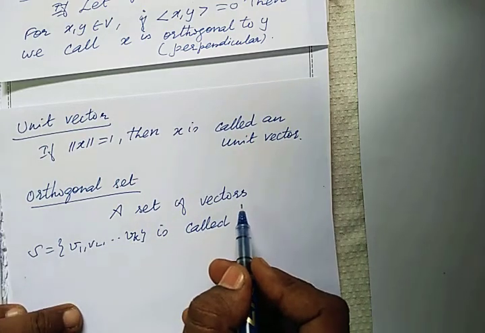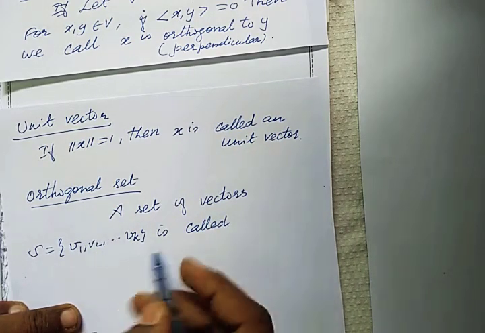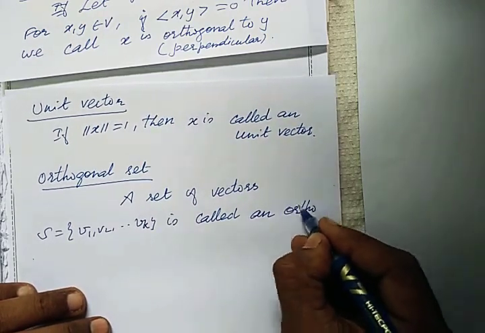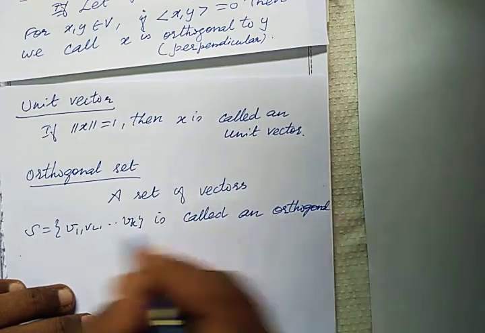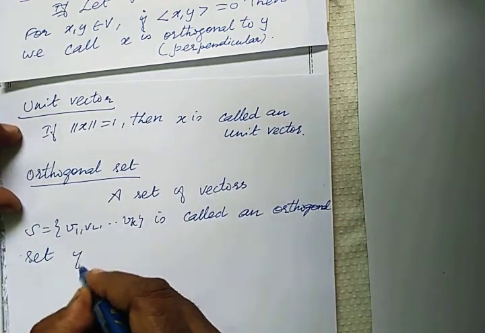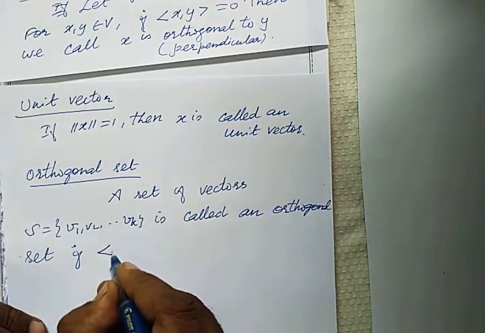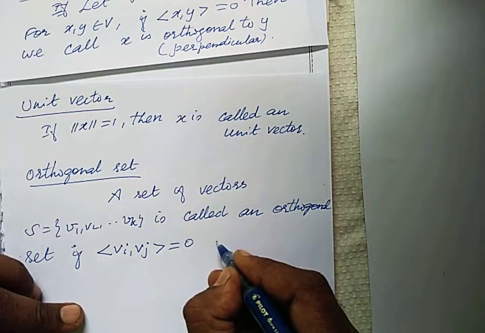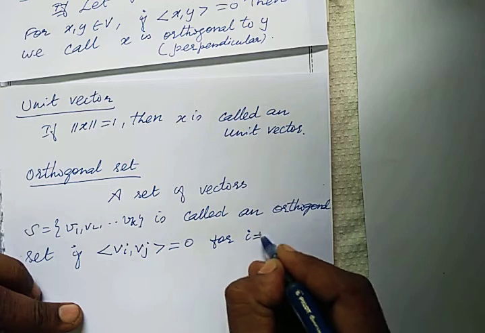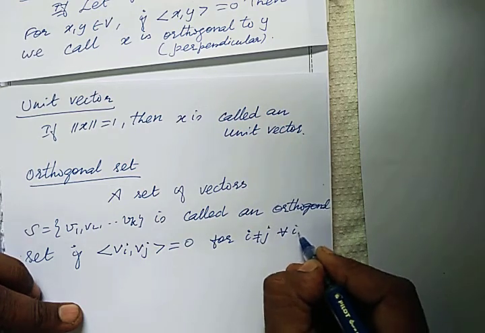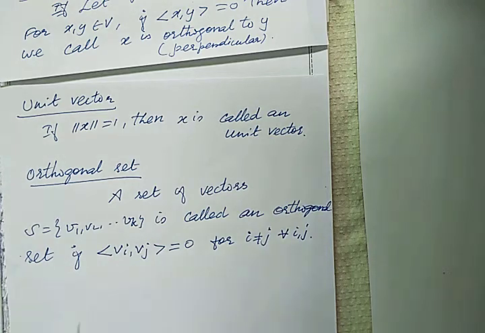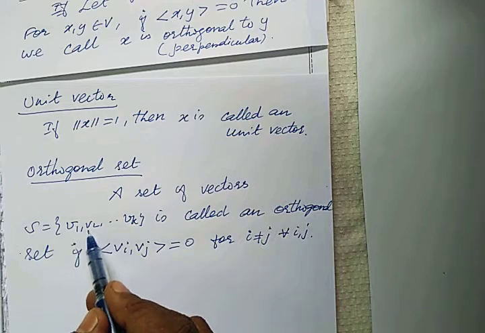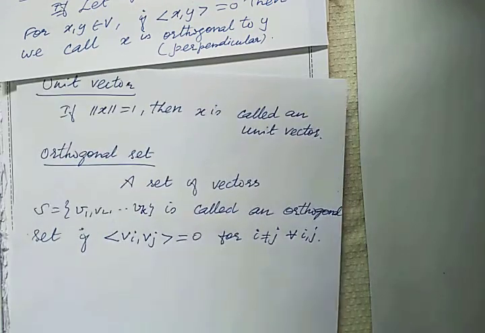A set of vectors v1, v2, etc., vk is called an orthogonal set if the inner product of vi comma vj is equal to 0 for i not equal to j, for all i comma j. This set is said to be an orthogonal set if every vector is orthogonal to the other vectors.